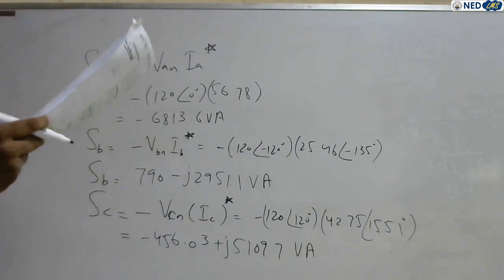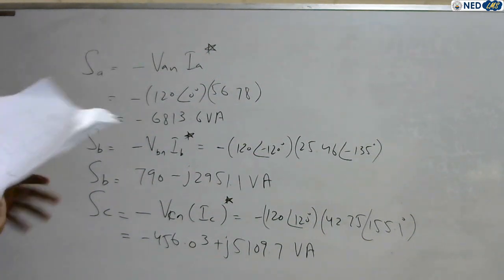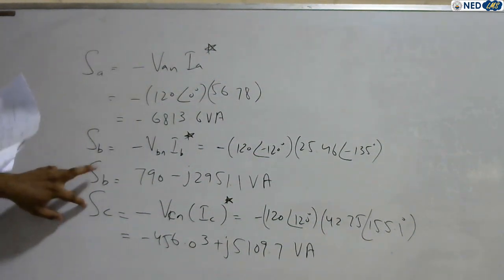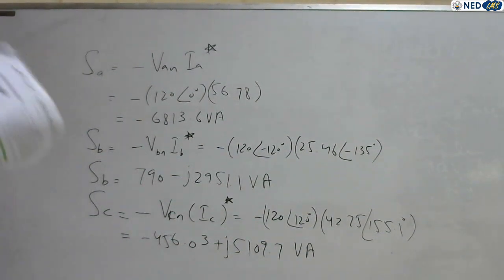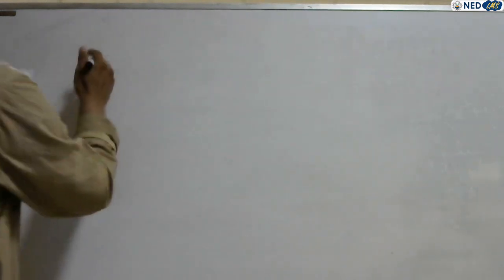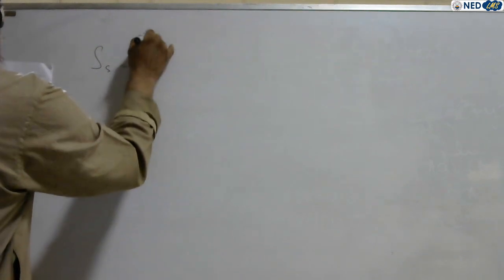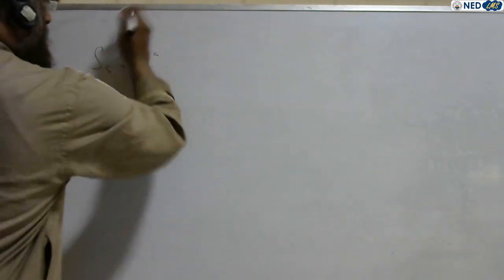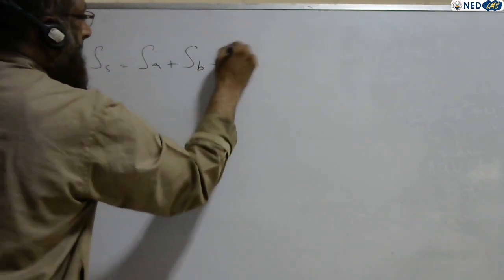So the total complex power supplied by the three-phase source is nothing but the sum of the complex power supplied by C, B, and A, that is the sum of sa, sb, and sc. So the total power supplied by the source is equal to sa plus sb plus sc.